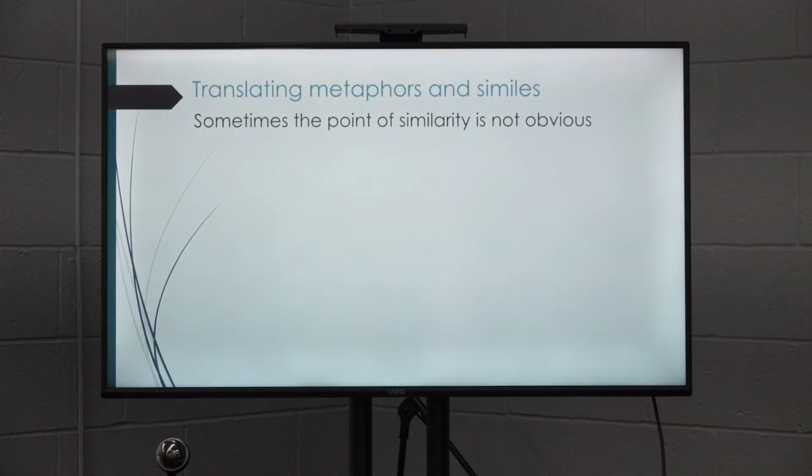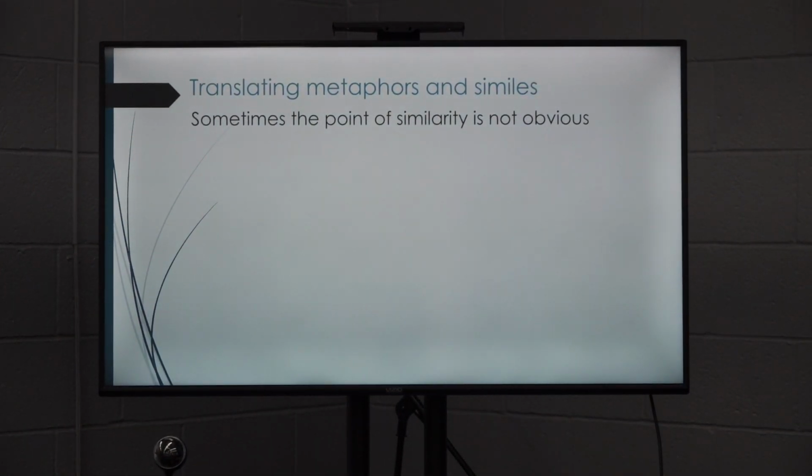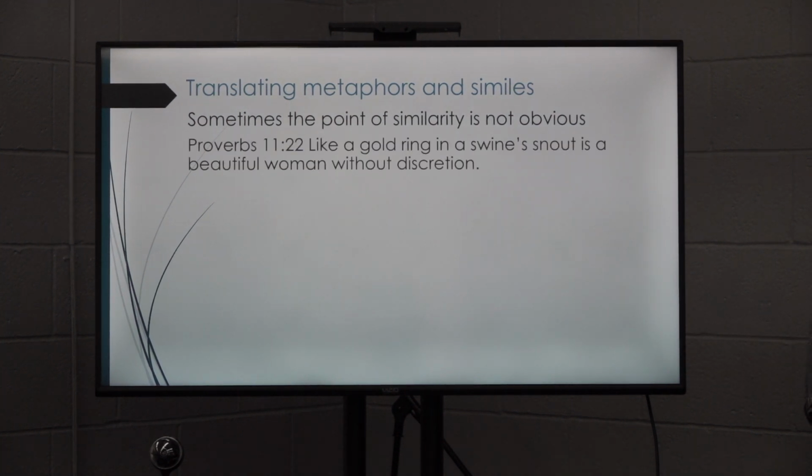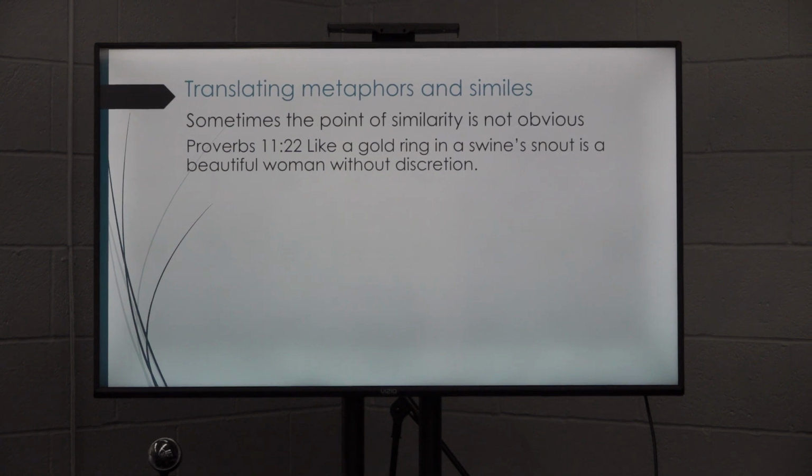Okay, sometimes the point of similarity is not obvious, or sometimes it's completely left out. Proverbs 11:22, "Like a gold ring in a swine's snout is a beautiful woman without discretion." I've looked at several commentators, and they all think something different.